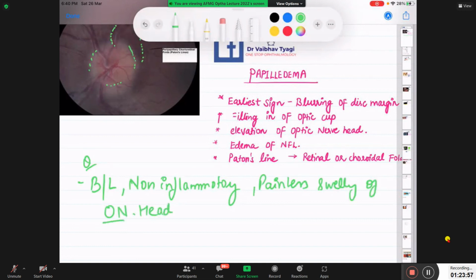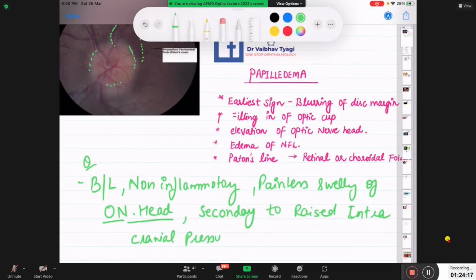ON head is optic nerve head. But the important point is that it is always and always secondary to raised intracranial pressure.